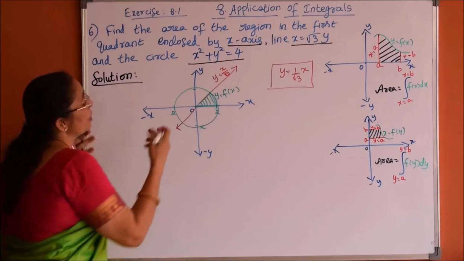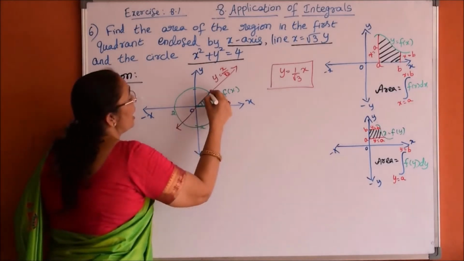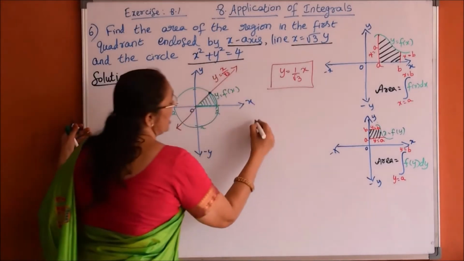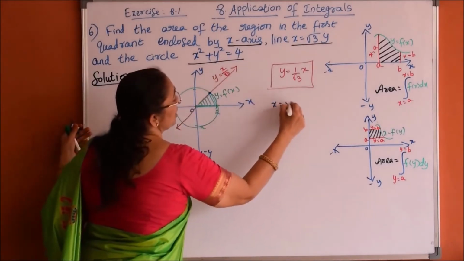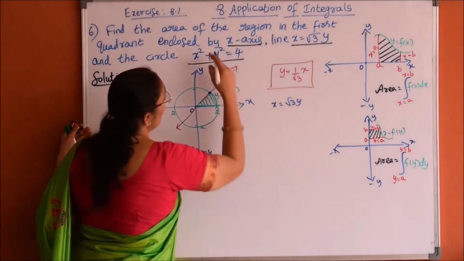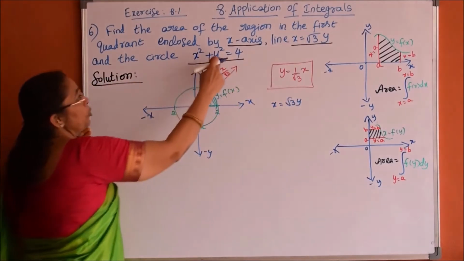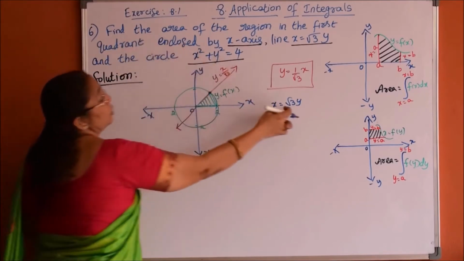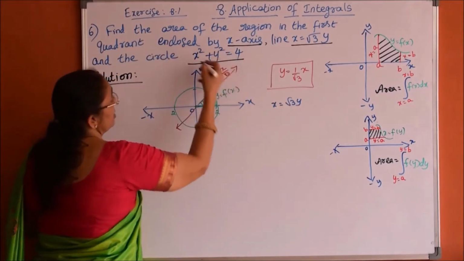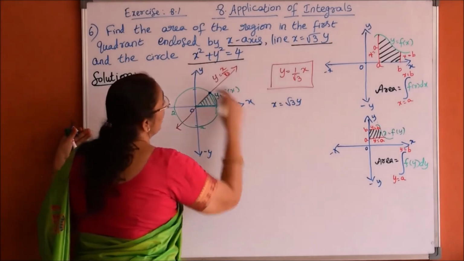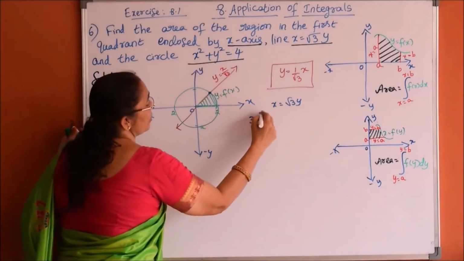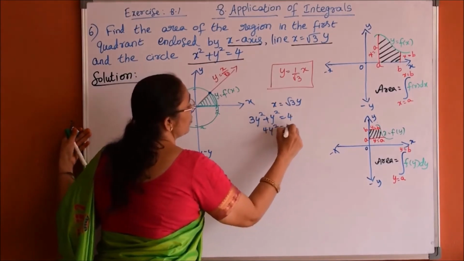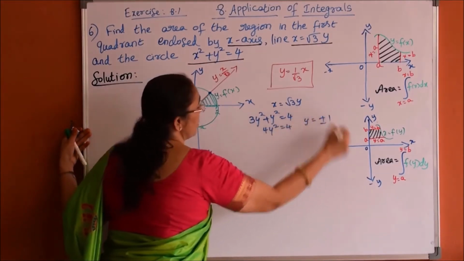See, first we have to find out the point of intersection of this line and circle. So, the line is x is equal to root 3y and the circle is x square plus y square is equal to 4. Let me substitute the x value as root 3y. We will get 3y square plus y square is equal to 4. 4y square is 4, or y is equal to plus or minus 1.